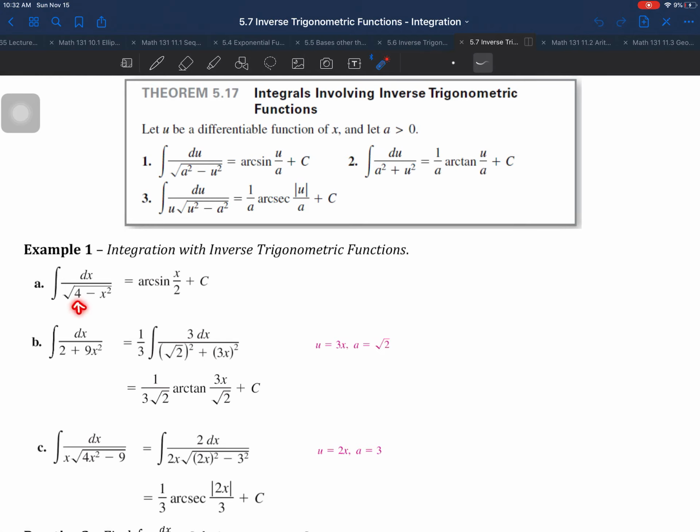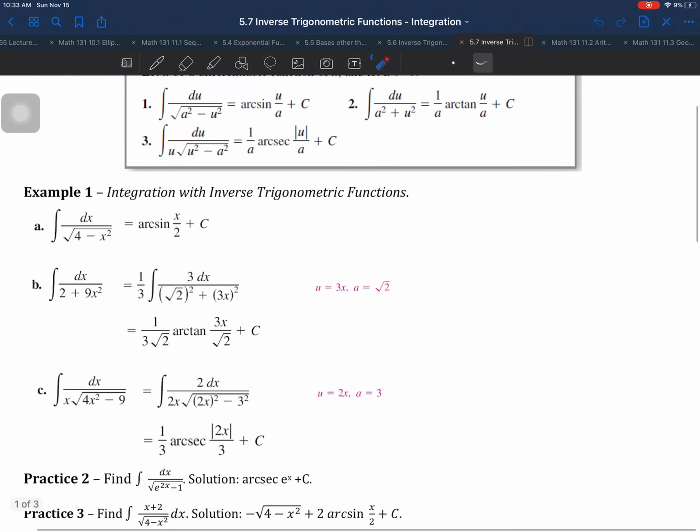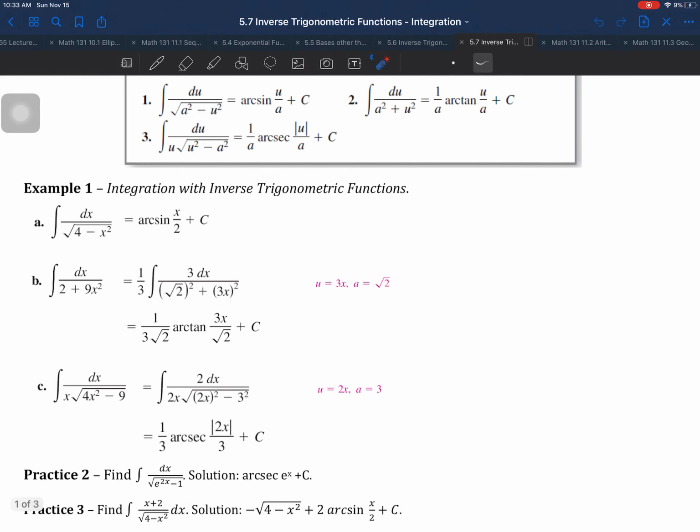So in this case, a will equal 2, because you have 2 squared. When you use this rule, you're going to have arcsine of u over a. u is the number being squared here, and a is the number being squared here. So it'll be x over 2. I always finish with plus c because this is an indefinite integral.